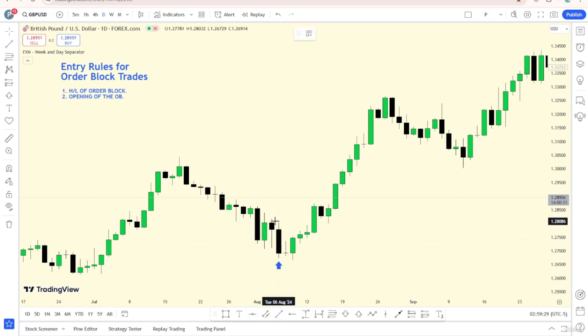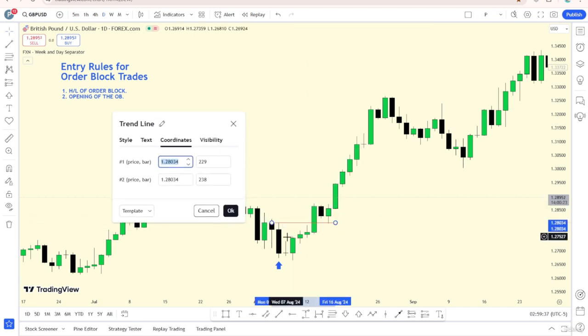As we have already outlined, we can look at the opening or the high of that candle. Let's get that exact high. The high of that candle is 1.28032.